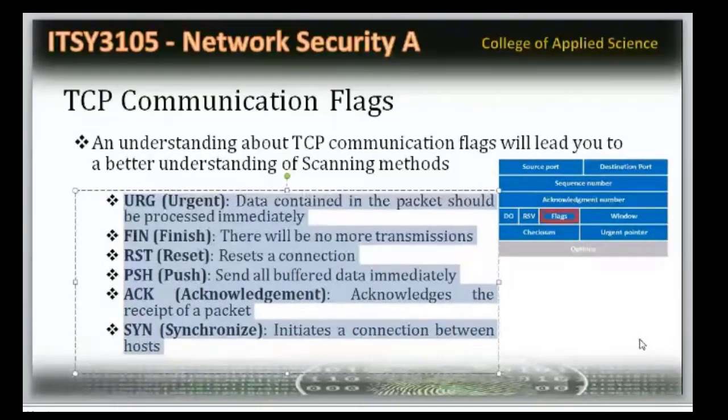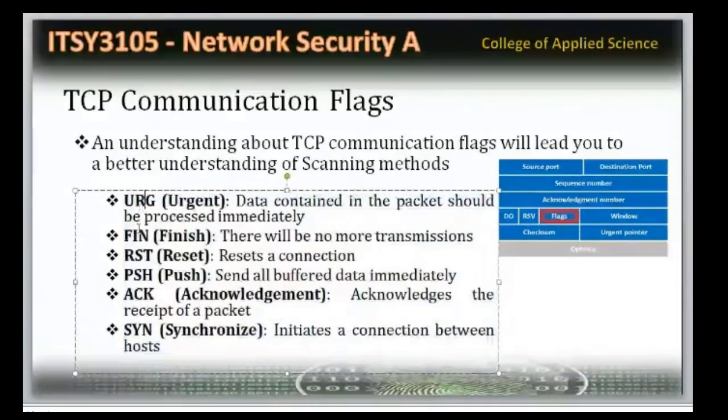This is a very important question: in TCP communication, or in the TCP header, what are all the different flags? You have 1, 2, 3, 4, 5, 6. There are 6 flags available.